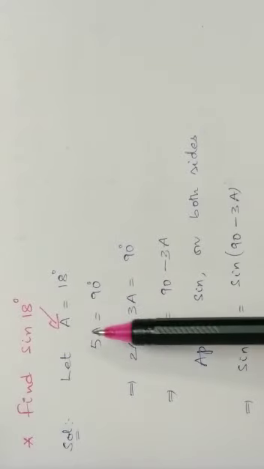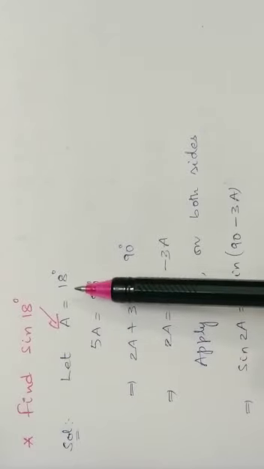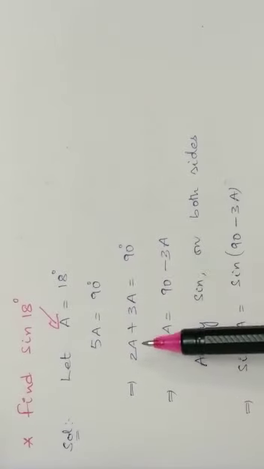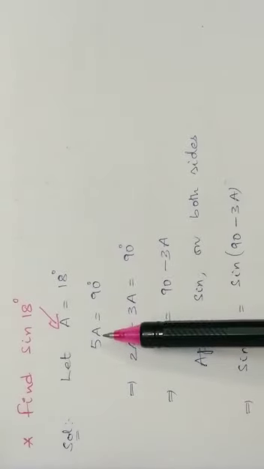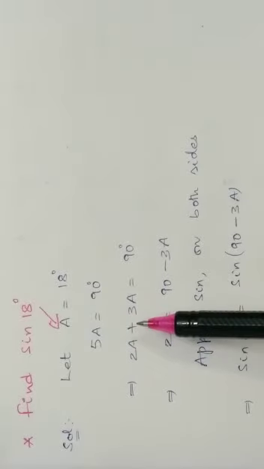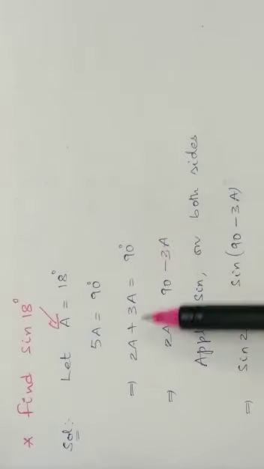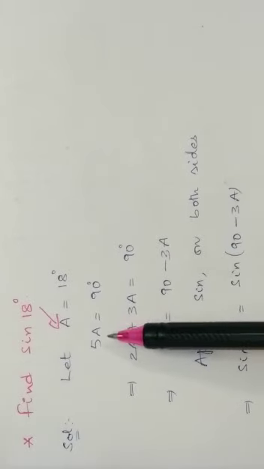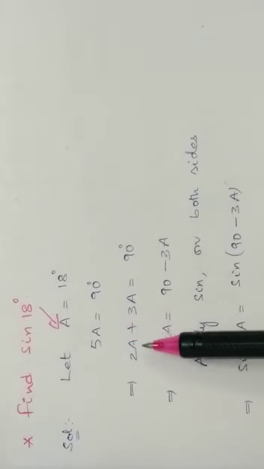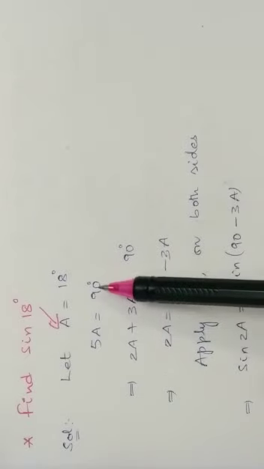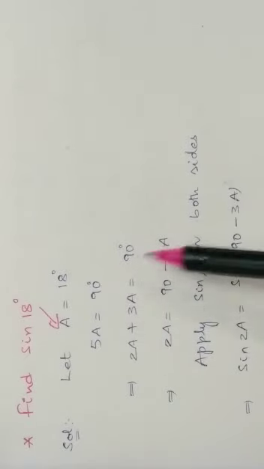So, 5A equal to 5 into 18, 90 degrees. Split this 5A as 2A plus 3A equal to 90 degrees.